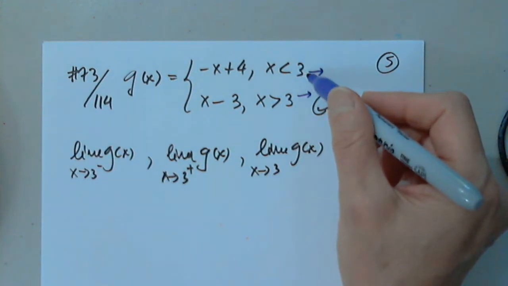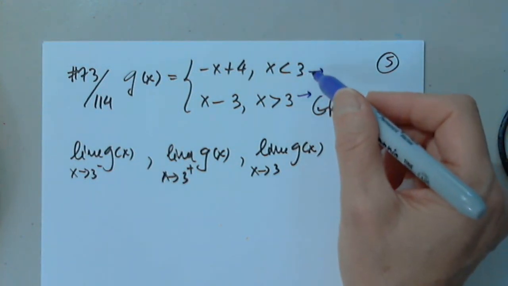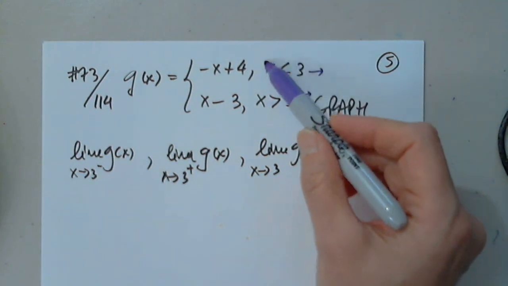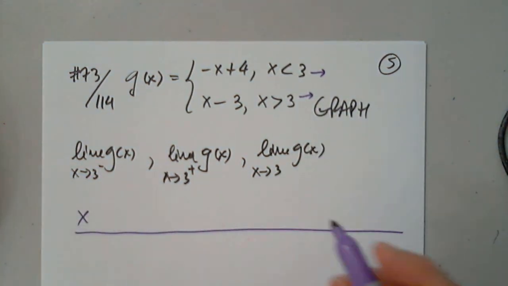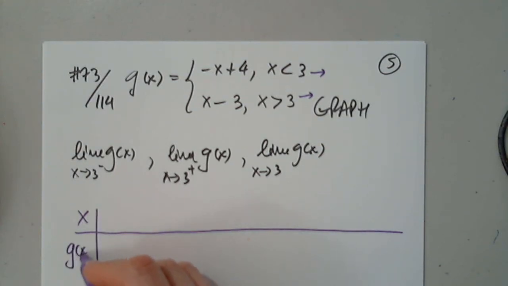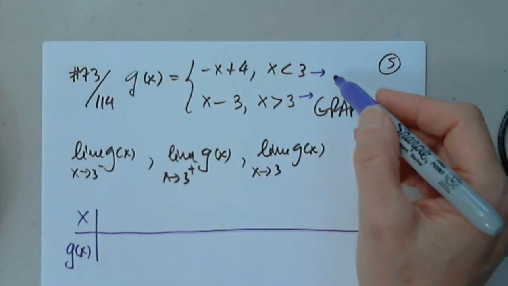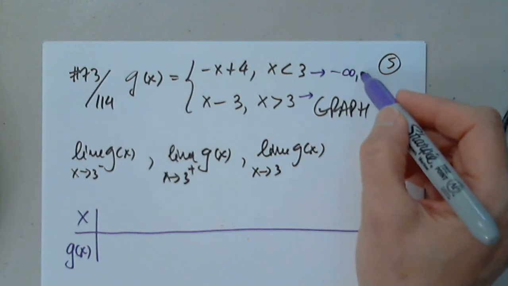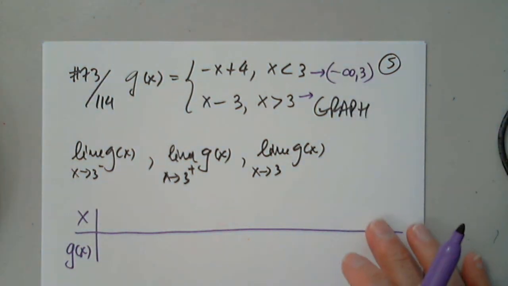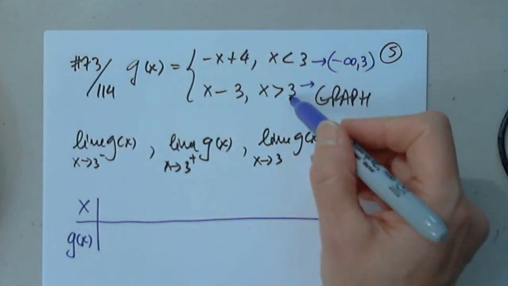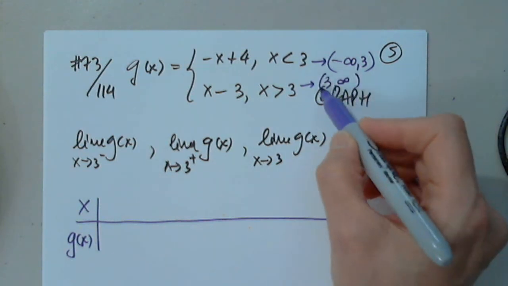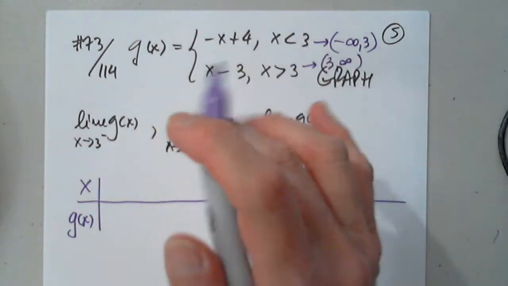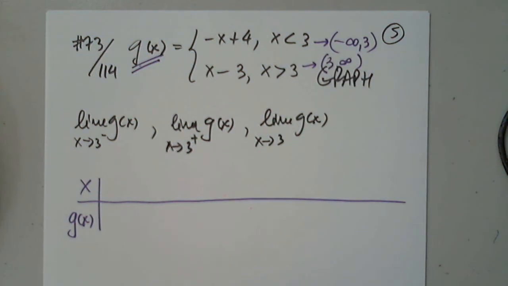Anyone? What was the question? How do I change this in an interval notation? I need the interval notation in order to put it in and find the domain. So negative x plus 4 equals 0. Negative infinity to 3, interval notation. And this one? 3 to positive infinity. Excellent, with parentheses. Good. Can anyone now give us the domain of this function?